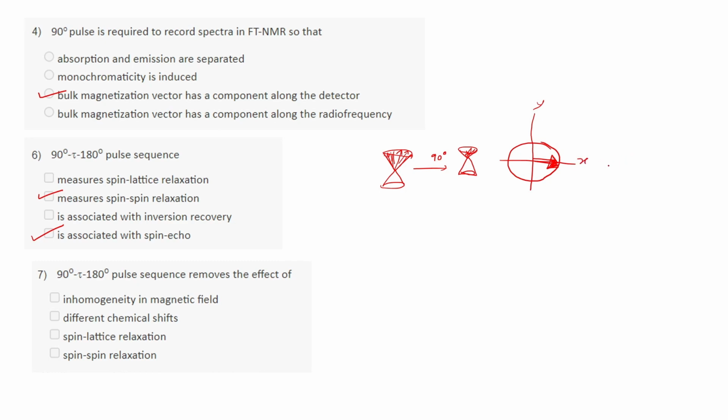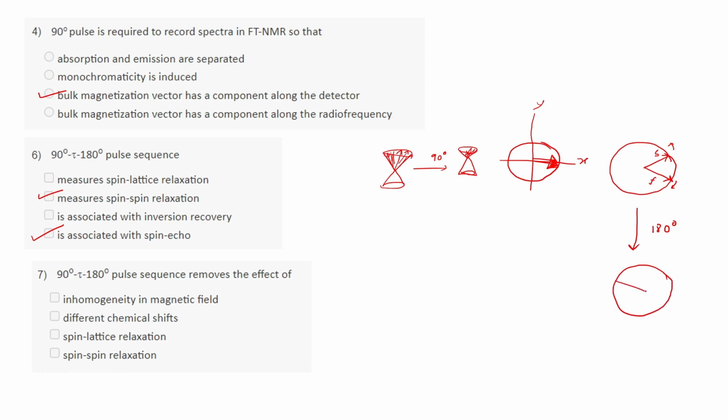Now when you let it relax, what will it do? Due to magnetic inhomogeneity and the different environment of the nuclei, they will precess differently. Some will precess fast, some will precess slow. So this is for the slow, this is for the fast. Now you give a 180-degree pulse, so that the debunching that has already happened reverses.